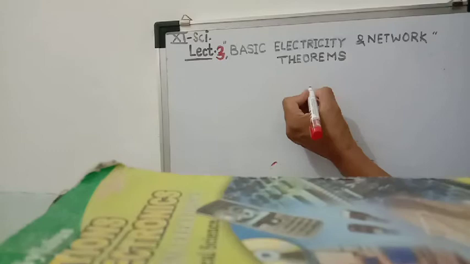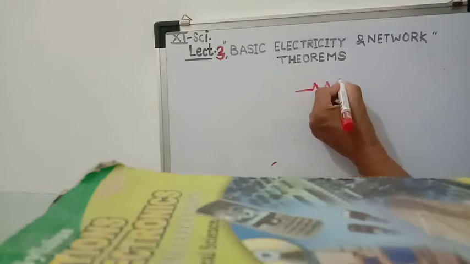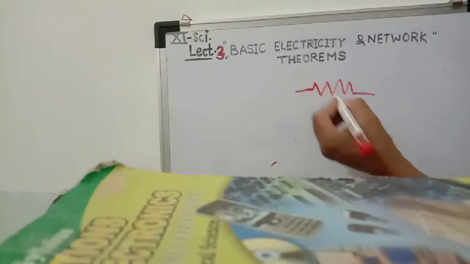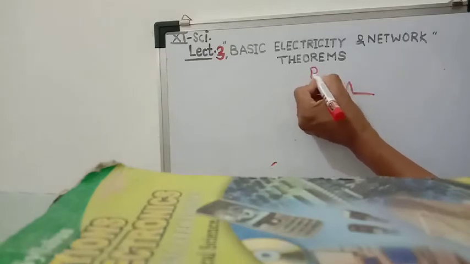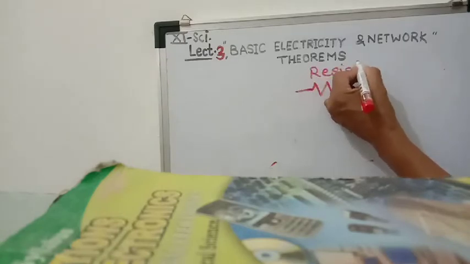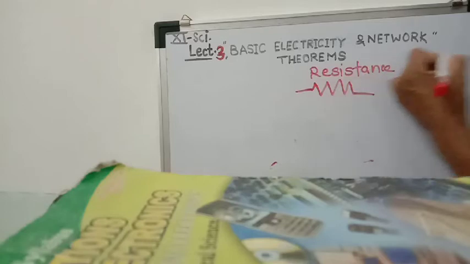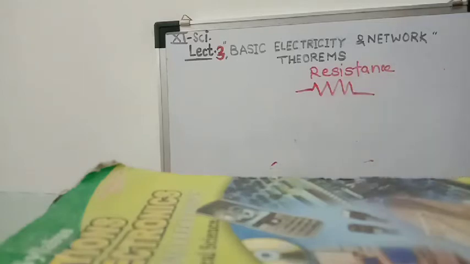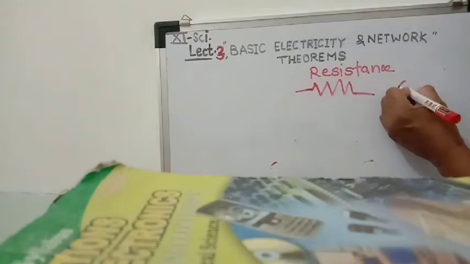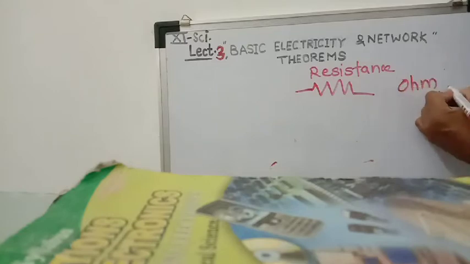Resistance is shown like this. This is the symbol of a fixed resistance, and its unit is ohm.